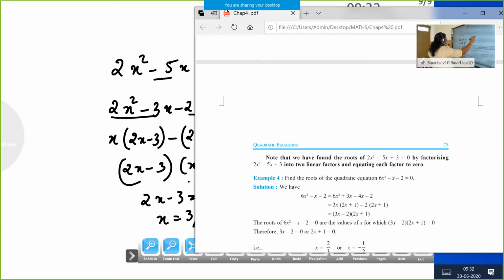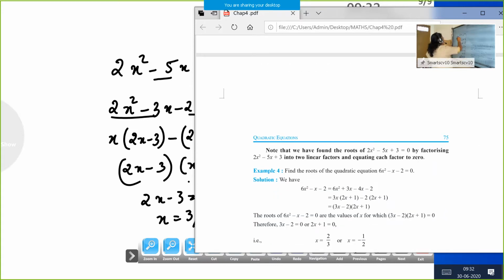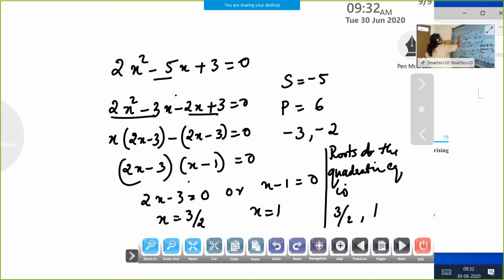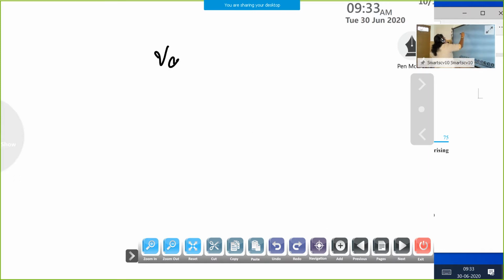Put x = 1 in the equation. What is the equation? 2 into 1 minus 5 into 1 plus 3 is equal to 0. 2 plus 3 is 5, 5 minus 5 is 0. Verification: 2x² − 5x + 3 = 0.